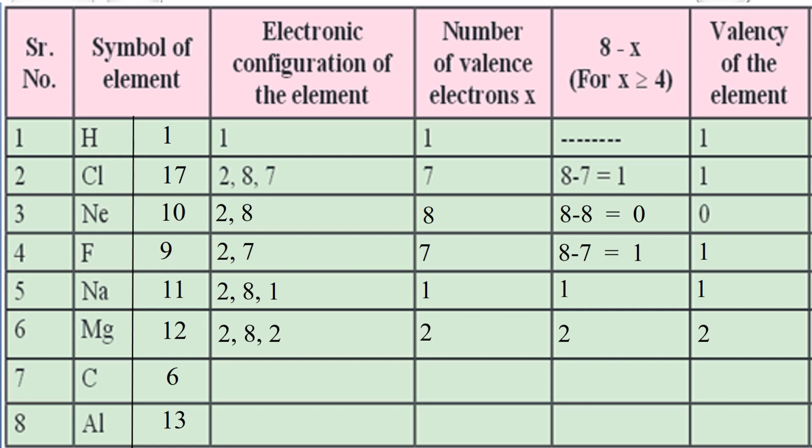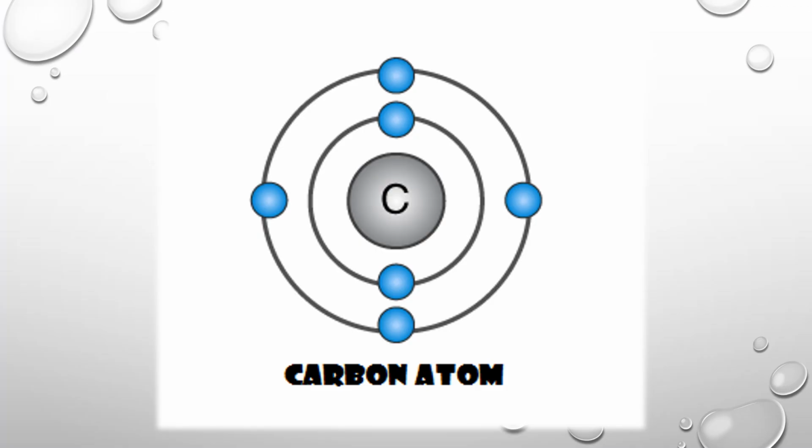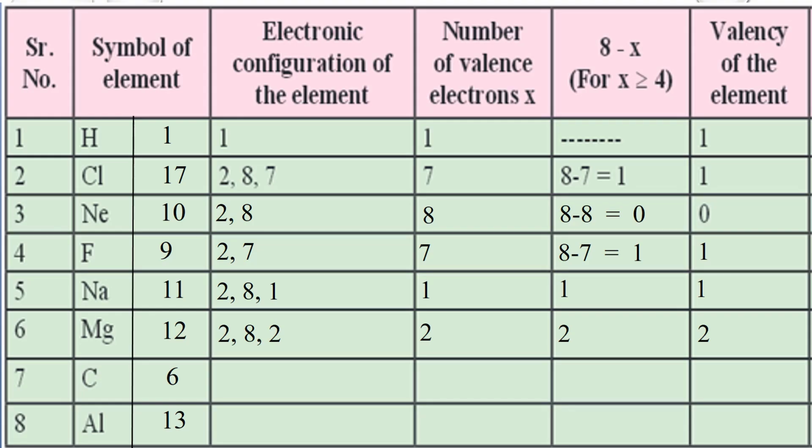Next, carbon. Atomic number is 6. From that, 2 will come in the first shell and 4 will be in the second shell. So the electronic configuration is 2, 4. From this, the last number is 4, or there are 4 electrons in the outermost shell or the valence shell. So that will become my valence electron, 4.